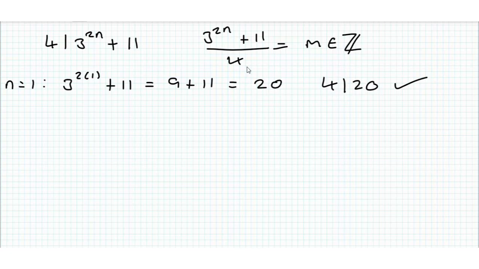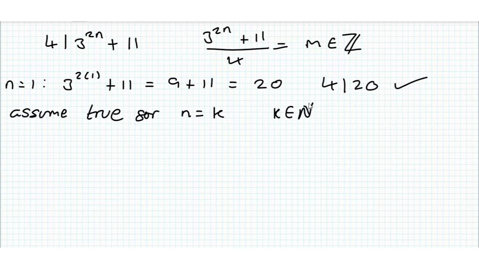So now we're going to assume true for n equals k, and that's for some n equals k, not for all n equals k, and this is for some k in the natural numbers.